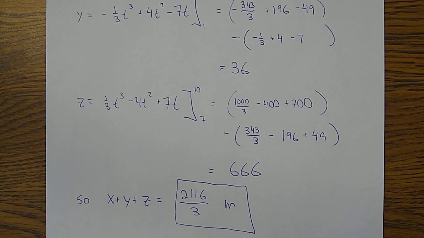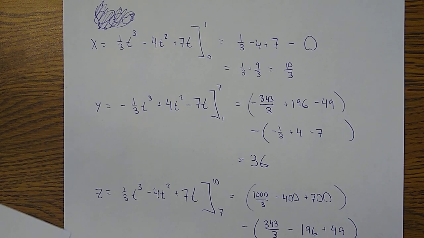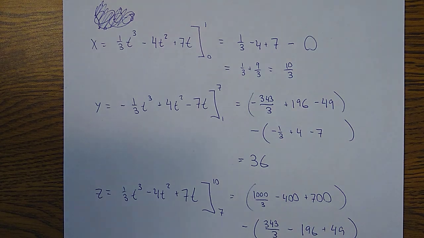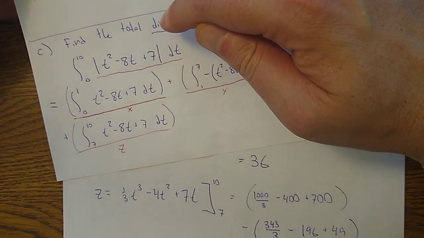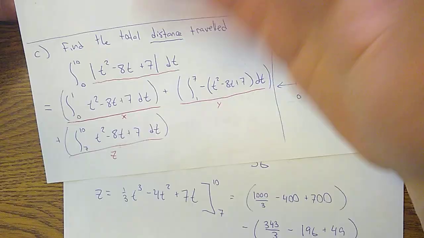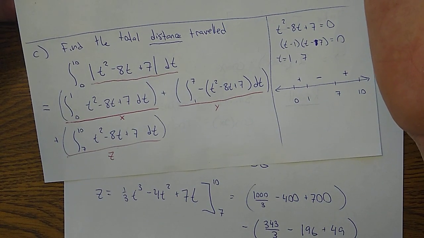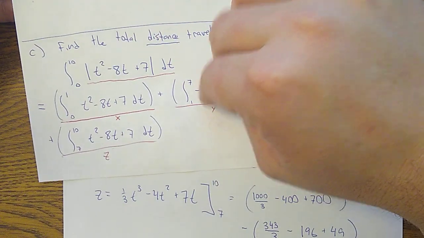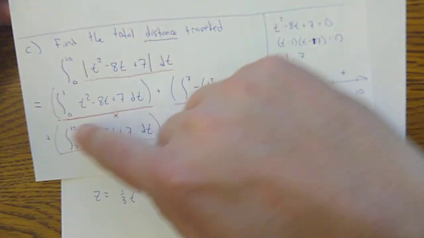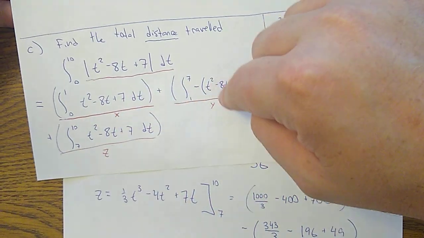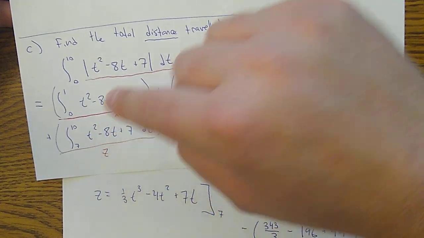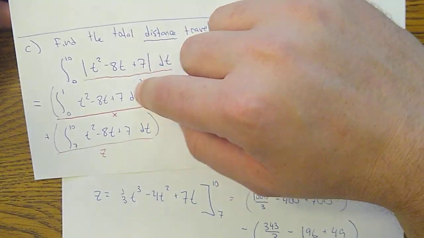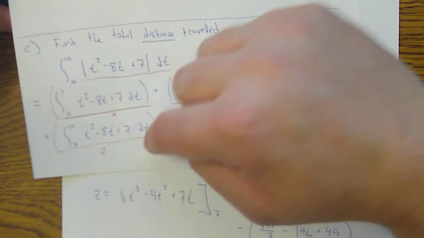Let me just say a few words about why this makes sense and how to check whether things are making sense. Again, total distance traveled. Distance counts as positive no matter what direction you're traveling. We broke this into 3 parts, and then I had to find my answer for the first part, x, my answer for the second part, y, my answer for the third part, z. Those should all be positive numbers.